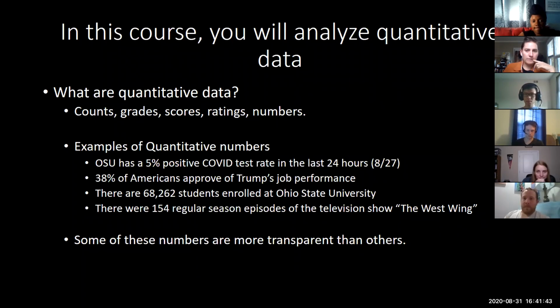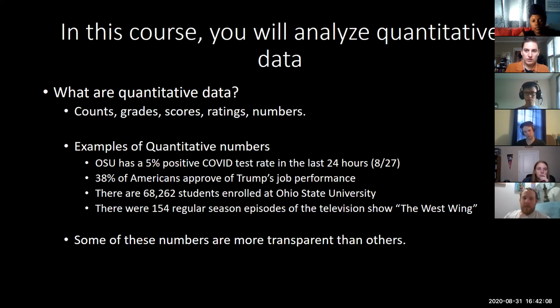So to me, the number is not clear because it's not designating exactly what kind of Ohio State students they're referring to. Is it just undergrads? Is it undergrads and grads? We also have regional campuses. Are you including all of the regional campuses? There's a lot of ways to quantify students enrolled at the university. And so there needs to be a lot more information about what that looks like.